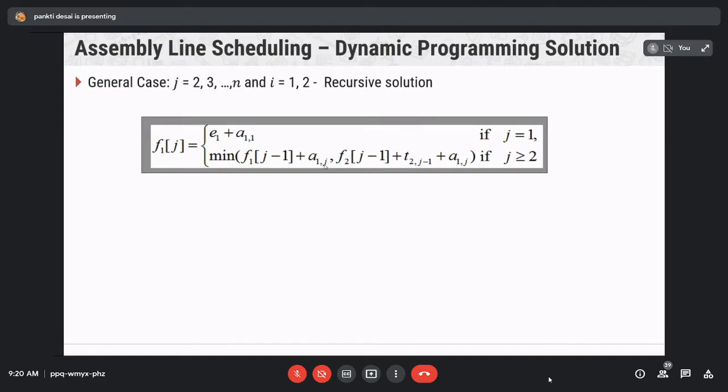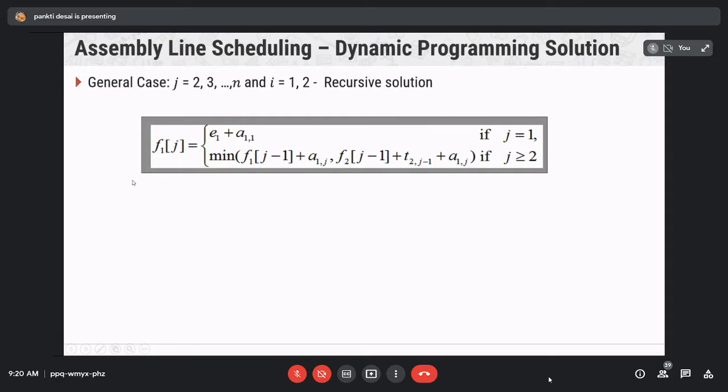So the time required to traverse the second assembly line plus the transit time, that is T2,j minus 1, which is the time required to move from the second assembly line to the first assembly line, plus A1j. So that is the time for that particular station. Whichever of the two is minimum will be the value for F1j.